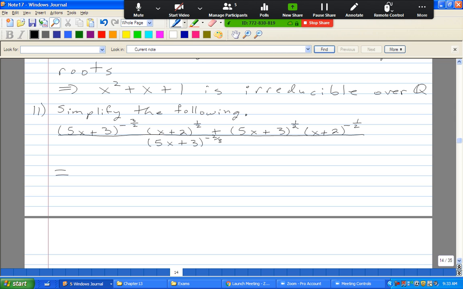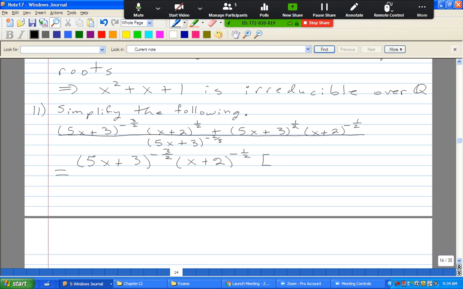let me factor out the smallest power in the numerator, 5x plus 3 to the negative 3/2 power. Factor out the smallest power of x plus 2 in the numerator, x plus 2 to the negative 1/2. What remains? Well, I factored out all of the 5x plus 3 to the negative 3/2. Didn't we do this problem?